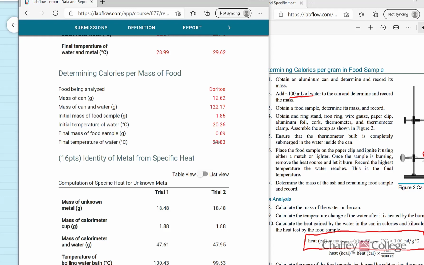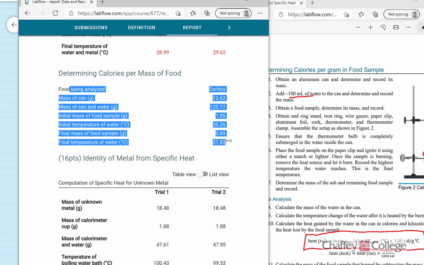In our case, it's 21.83 degrees Celsius. This data does not show any units, but remember, units are given here. When we enter the data, we do not enter any units. Units are described here on the left hand side. So these are all the values given to us.